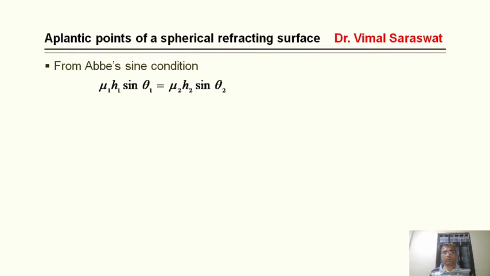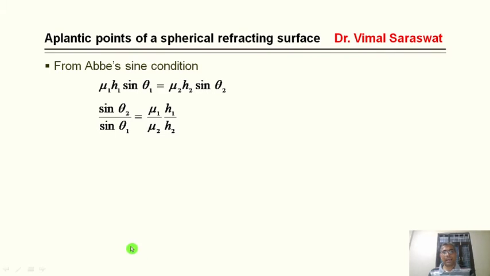Here mu1 and mu2 are the refractive indices of the object space and the image space respectively. h1 is the height of the object whereas h2 is the height of the image, and theta 1 and theta 2 are the angles made by the incident and refracted rays with the x-axis.